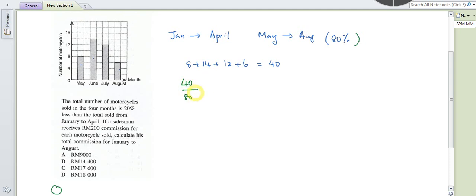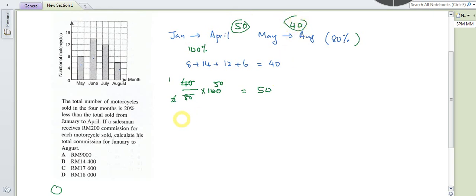We want to count 1% represents how many motorcycles, and the total is 100% for this one, multiplied by 100. Now we know here is actually 50 motorcycles for these 4 months, and here is 40 motorcycles.